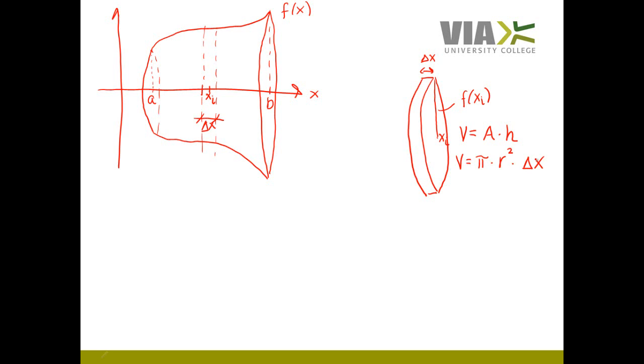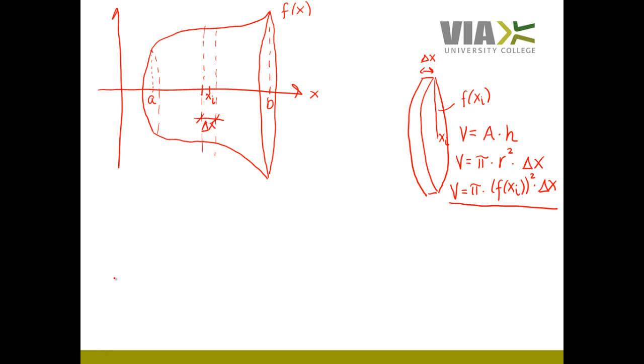Since we've just agreed that the radius of this small piece must be equal to the function value f(x_i), I can write that the volume is equal to pi times f(x_i) squared times delta x. So that must be equal to the volume of this small piece which I've cut out.